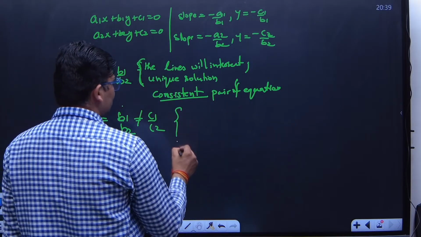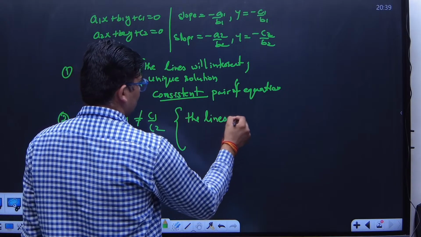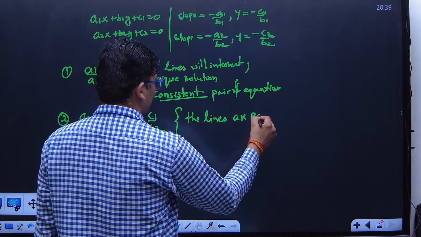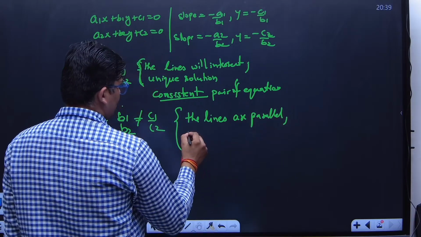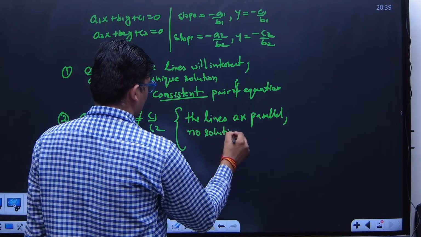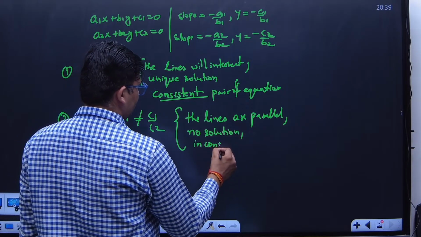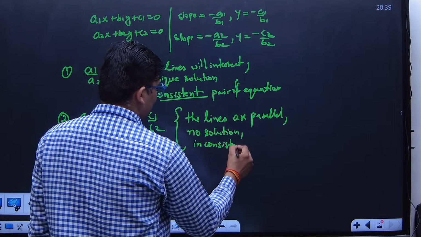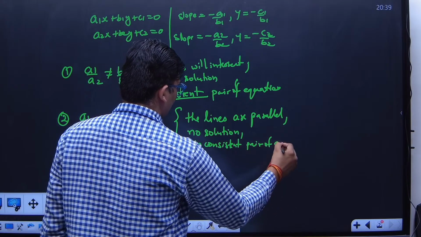So for this we will say the lines are parallel, or we can say no solution, or we can say inconsistent pair of equations.